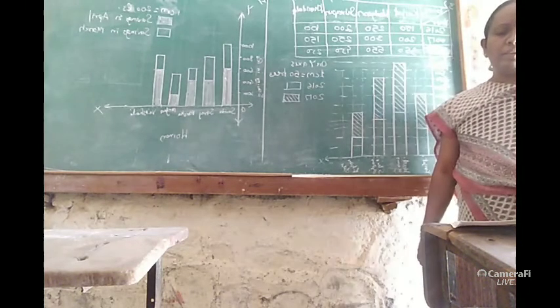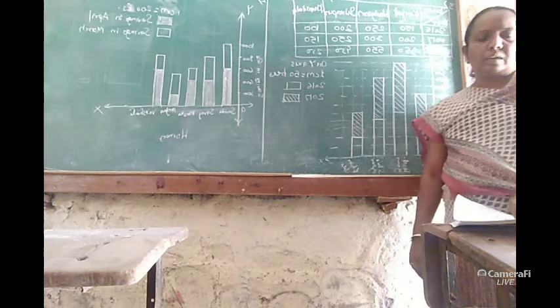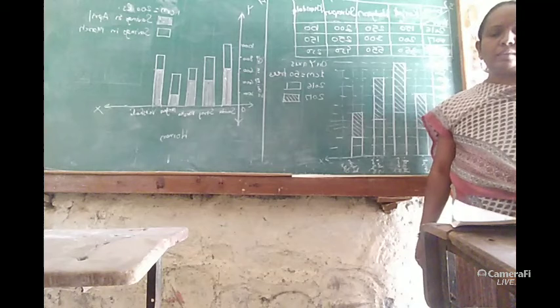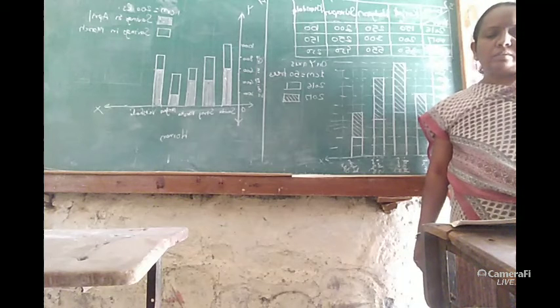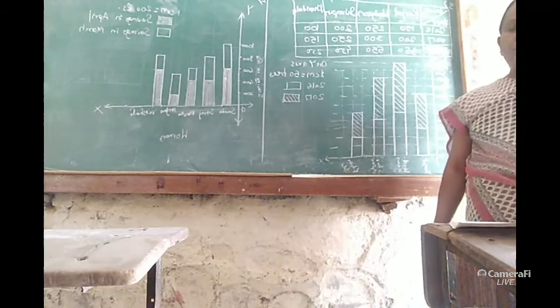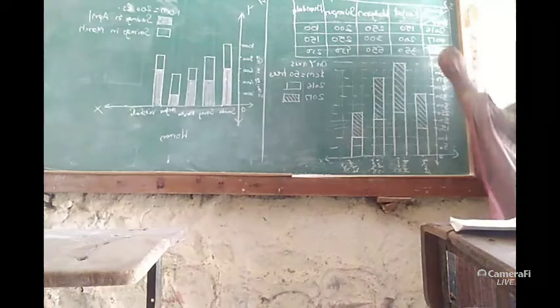In this example, they have given us a table where the number of trees planted in the years 2016 and 2017 in 4 towns is given. You can see the table and we have to show the data with the help of a subdivided bar graph. For this I have drawn the table here on the blackboard.